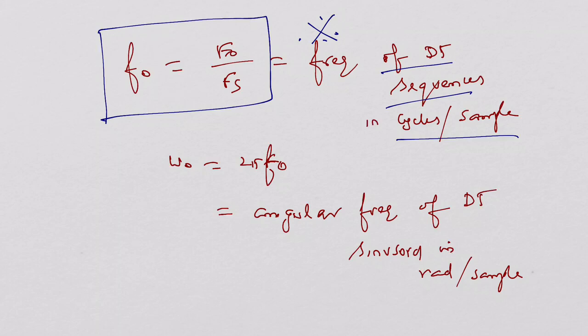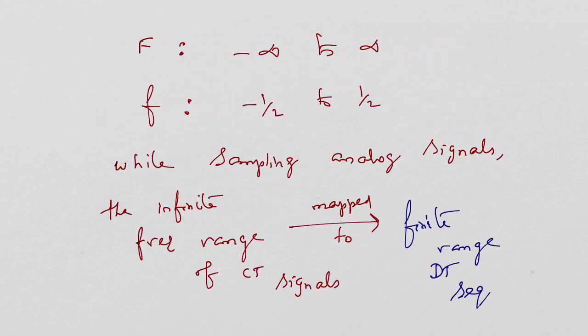And whenever you get a term 2 pi f naught, you have every right to replace it with omega naught, the angular frequency of the discrete time sinusoid, in radians per sample. Capital F or f naught is called the analog frequency, whereas small f is called the discrete time frequency.